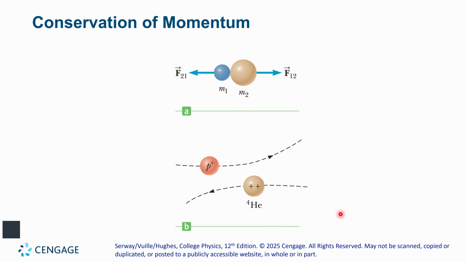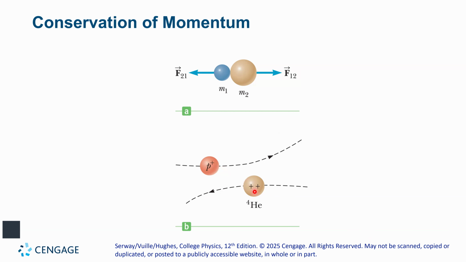Also, if a proton is in the vicinity of a helium-4 nucleus, which we call an alpha particle, they interact through Coulomb's repulsion.